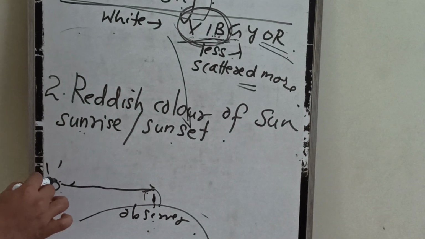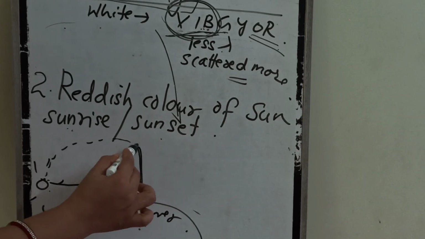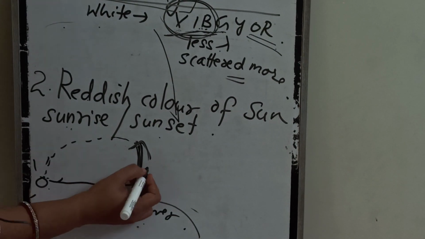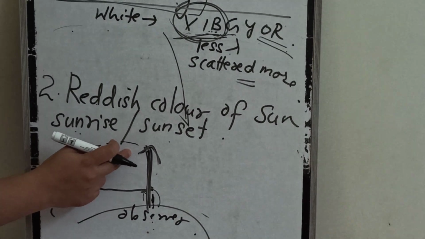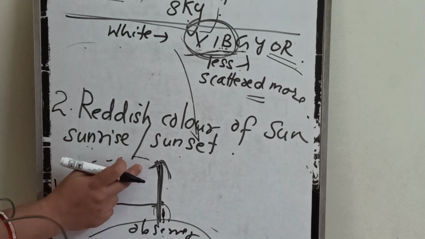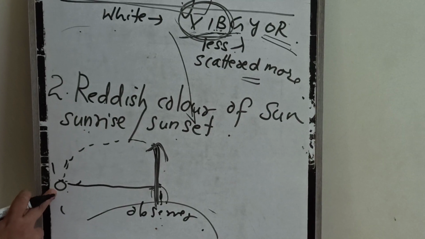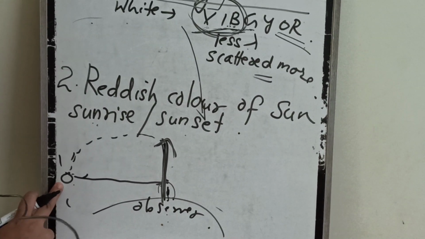Okay. Now when it comes overhead at noon, what will happen here? Noon, the distance is very less. So this blue color will be less scattered. So it appears like white. No? Okay. So here, during sunrise or sunset, the light rays has to travel a long distance.